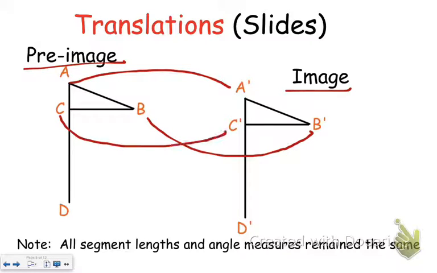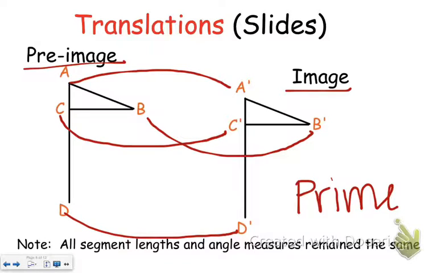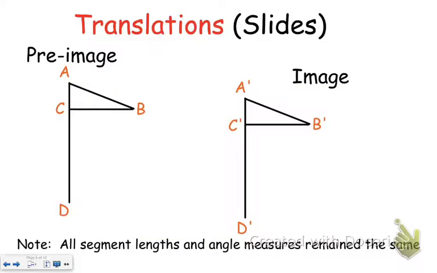From C to C prime, and D to D prime. Notice that all segments and angle measures from the pre-image to the new image have remained the same. Nothing about the shape or the size has changed. The only thing that's changed is the location of the image.